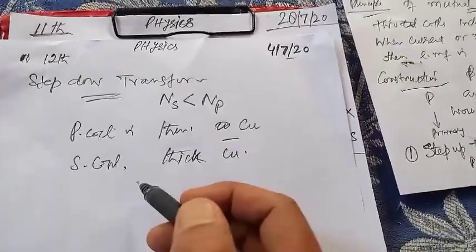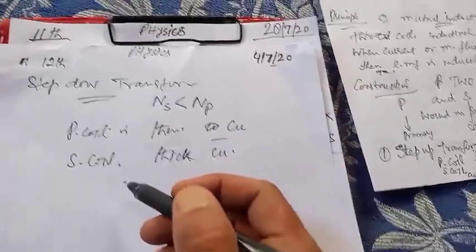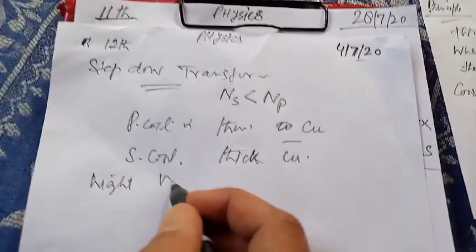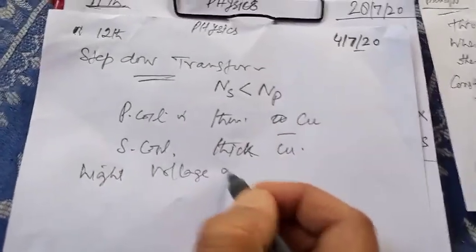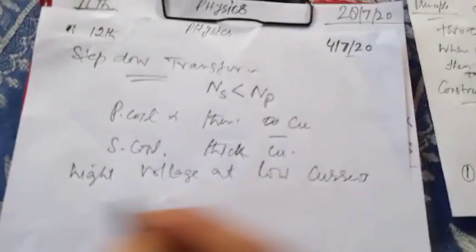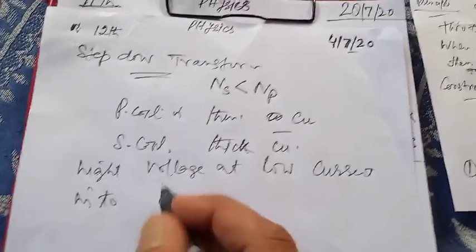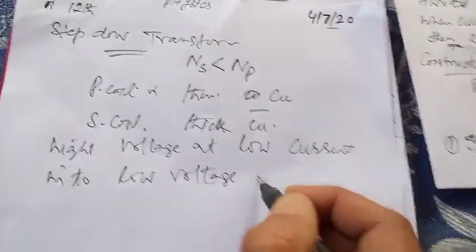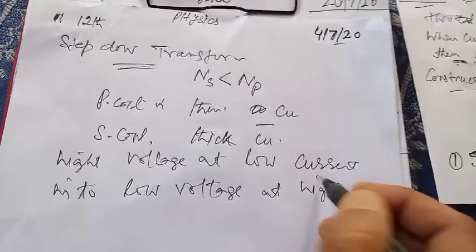This step down transformer converts high voltage at low current into low voltage at high current.